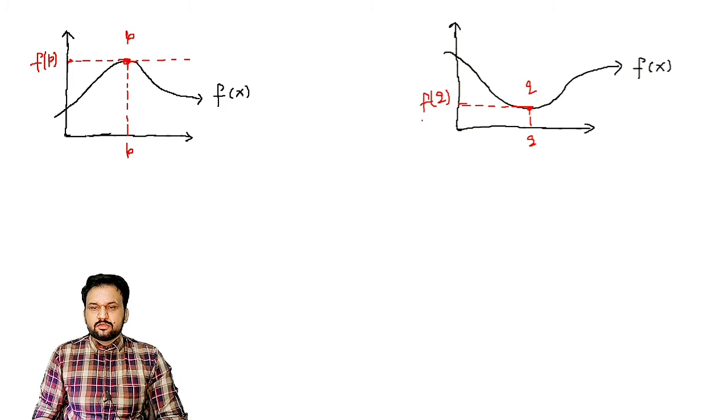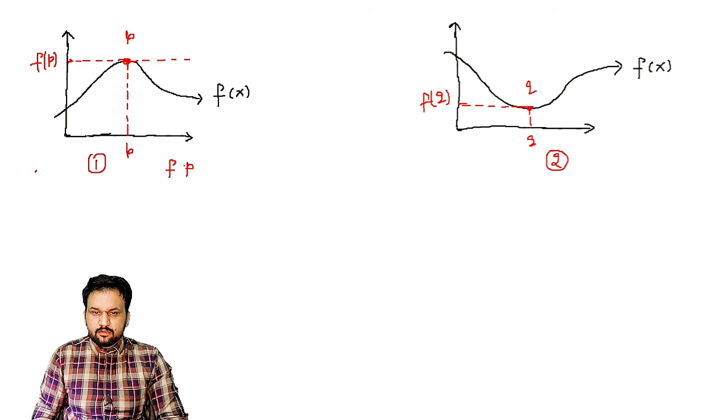From both graphs, this is graph number one and this is graph number two. In graph number one you can see your function is approaching the maximum point, and that point is p. And in graph number two your function is approaching the minimum point, that point is q. So if the function is approaching a maximum value, that is f of p, it is always greater than f of x.